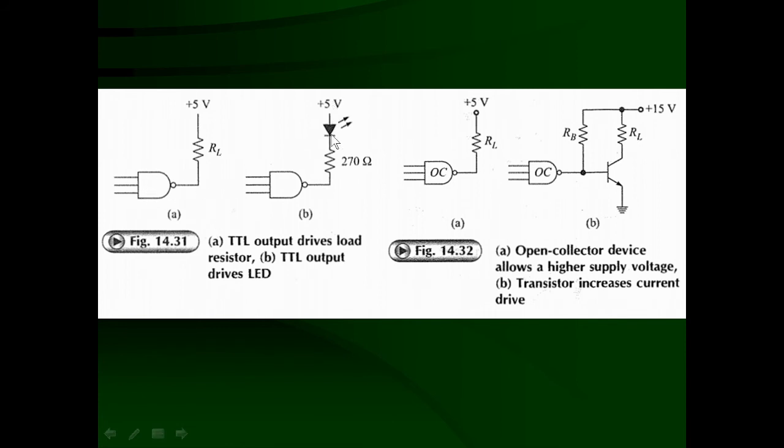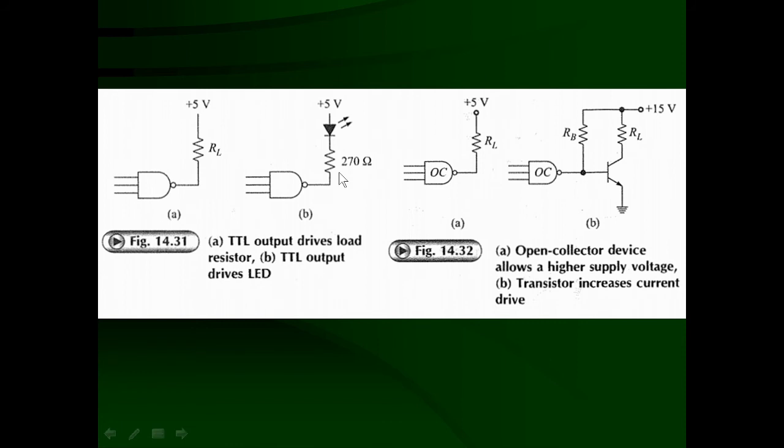It can drive this kind of LED also. So the LED anode is connected to the plus 5 volt, and the cathode is connected through a current limiting resistance of 270 ohms to the lower end of this one. So when the output is going to be low, what happens? This is actually at 0 volt. So 5 volt, and the voltage drop across the LED is going to be 2 volt. That means 5 volt minus 2 volt upon the value of the resistance, which is 270 ohms.